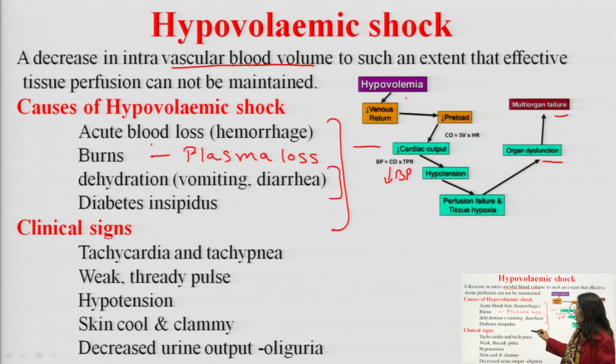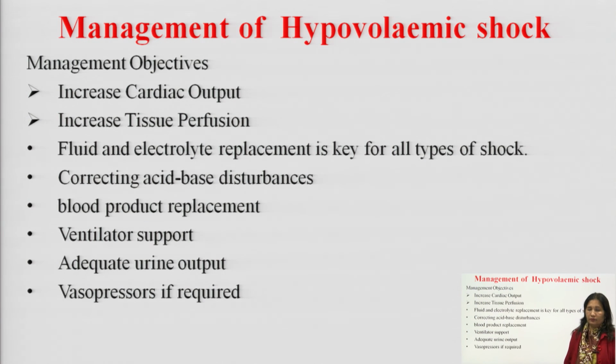Clinical signs of hypovolemic shock are tachycardia, that is increase in the heart rate, tachypnea, increased abnormal breathing, weak and thready pulse, hypotension, cool and clammy skin, and decreased urine output, which is known as oliguria.